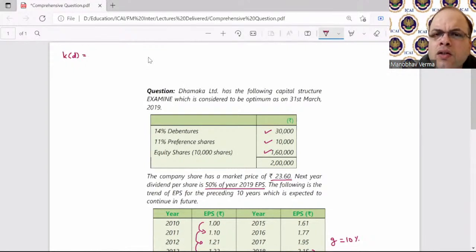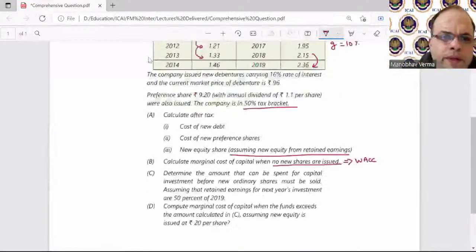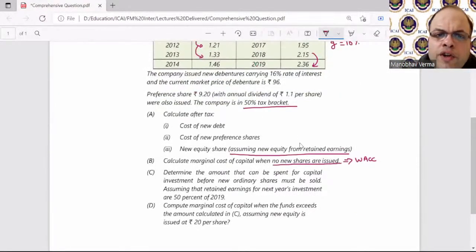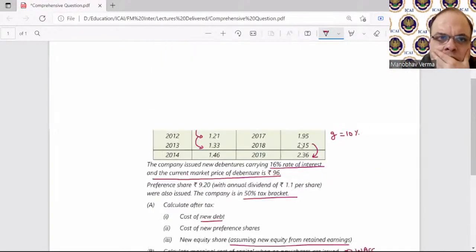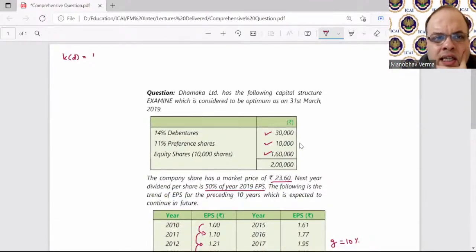Interest. So cost of new debt, and we are given 16% interest rate and the market price of 96, and there is a 50% tax bracket. That means 16 into 1 minus 0.5 upon 96.